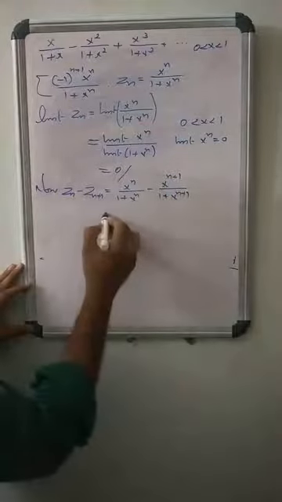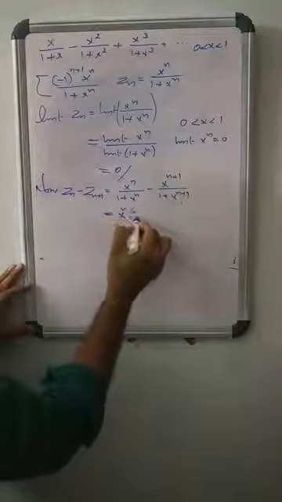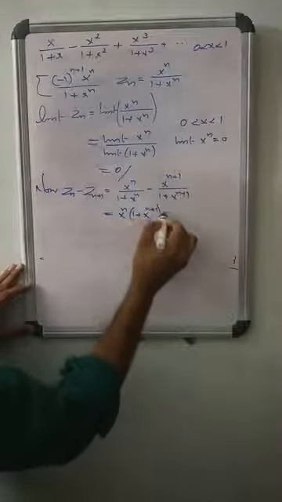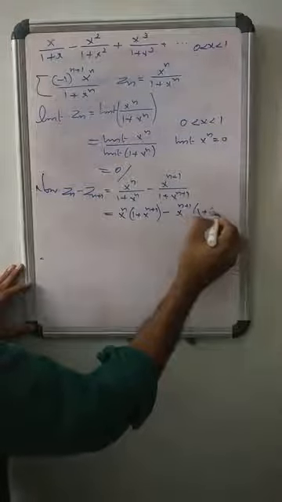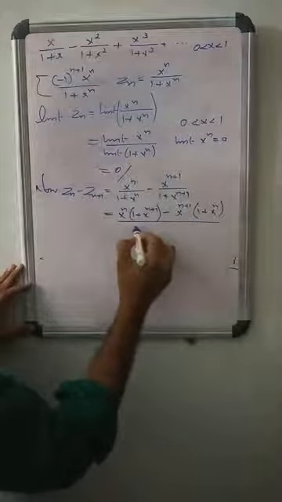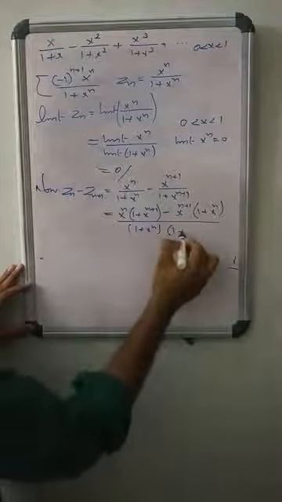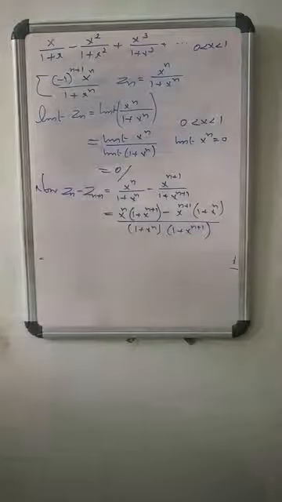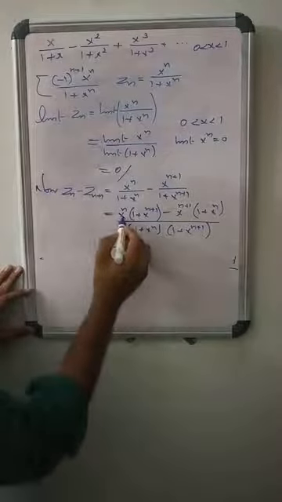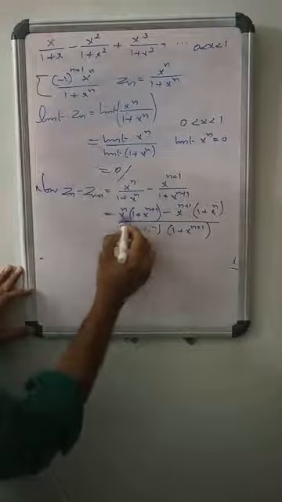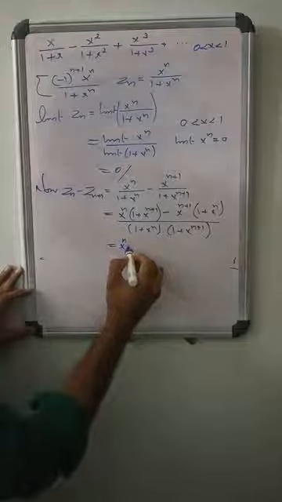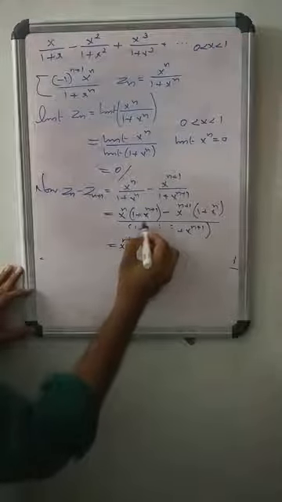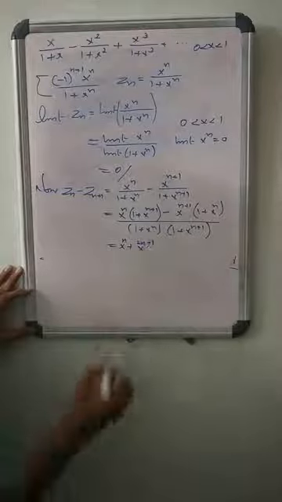So that equals x^n(1+x^(n+1)) minus x^(n+1)(1+x^n), all divided by (1+x^n)(1+x^(n+1)). If you open the brackets on the numerator, it is x^n plus x^n times x^(n+1), that is x^(2n+1).